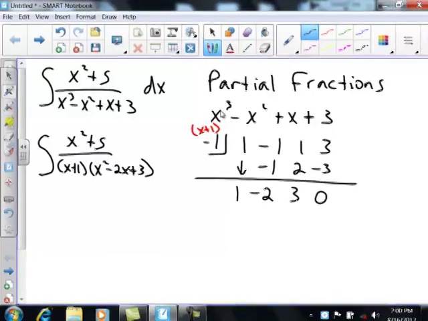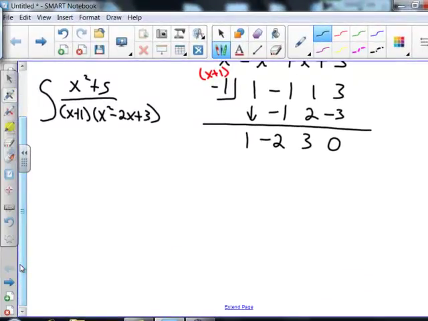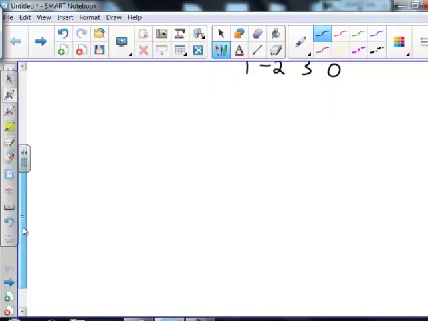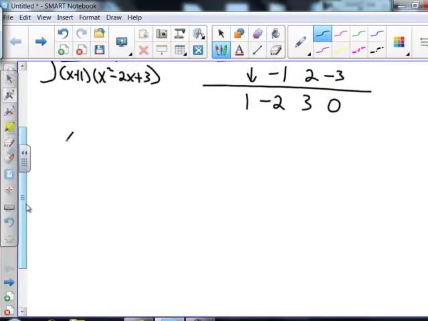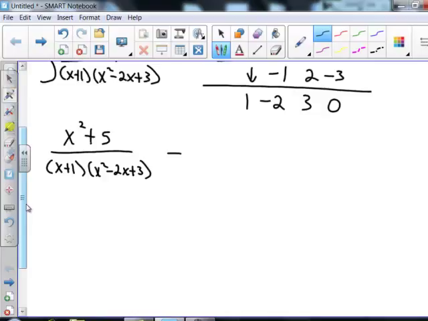Alright, so using the definition of partial fractions, I can write x squared plus 5 over x plus 1 times x squared minus 2x plus 3 as some a over x plus 1, that's one of my factors, plus, and since x squared minus 2x plus 3 is a polynomial of degree 2, my numerator could possibly be linear.